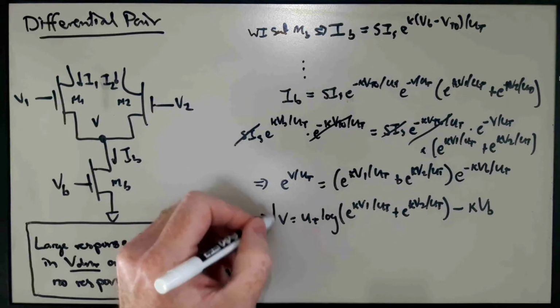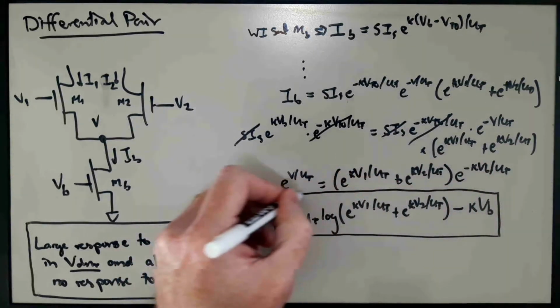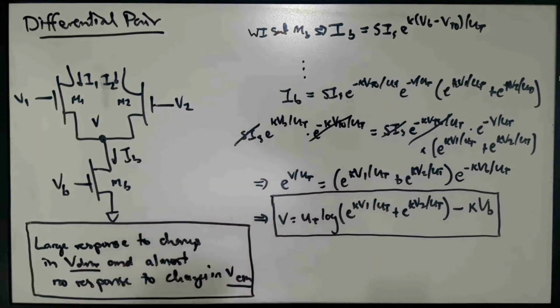And so this is our equation for V as a function of V1, V2, and VB.